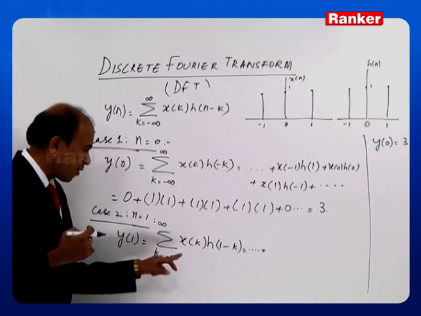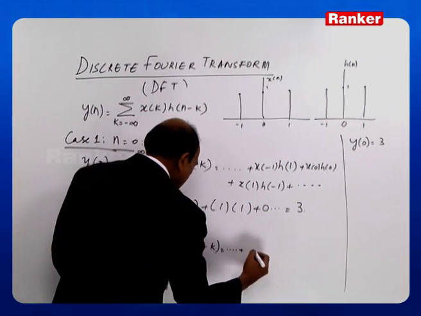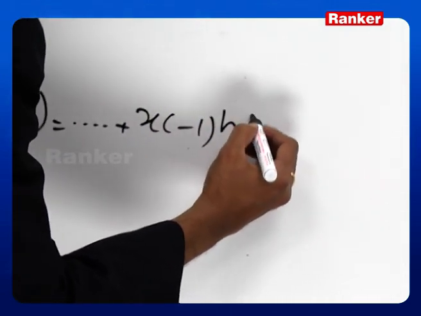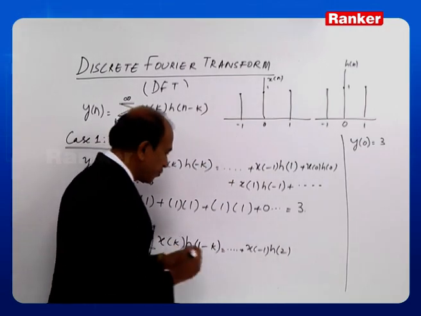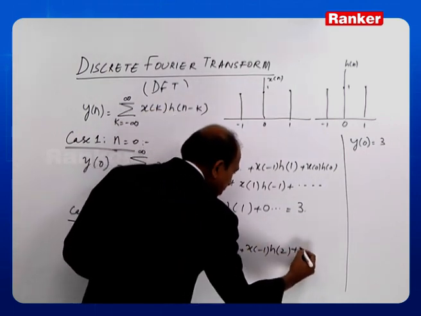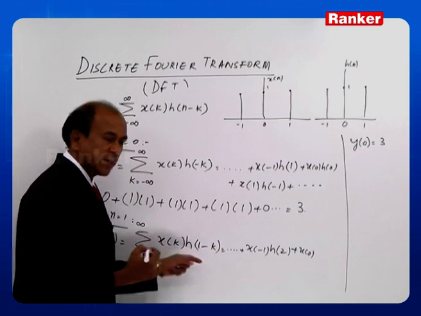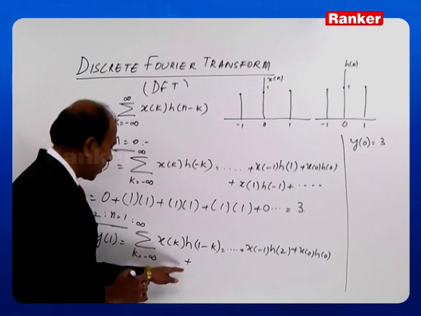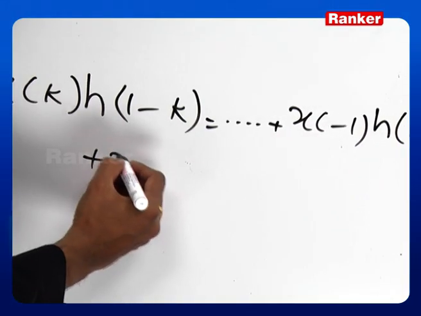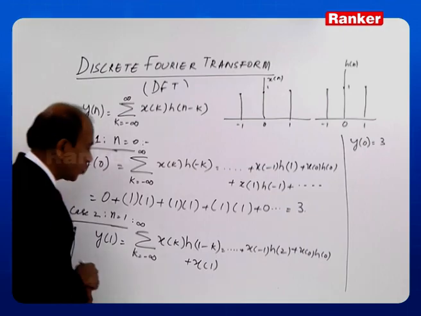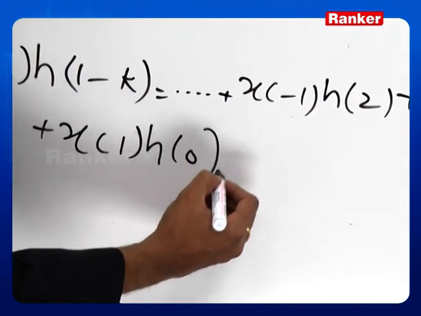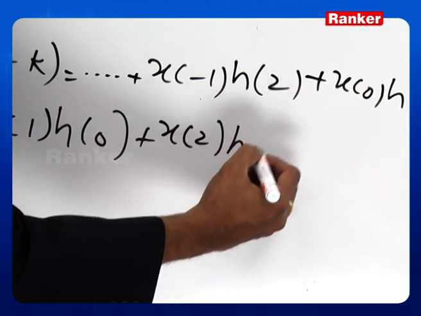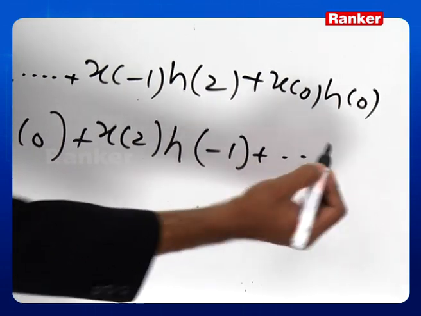So this is equal to x of minus 1, h of 2, that is 1 minus of minus 1, plus x of 0, h of 1 minus 0, which is h of 1, plus x of 1, h of 0, plus x of 2, h of minus 1, plus so on.